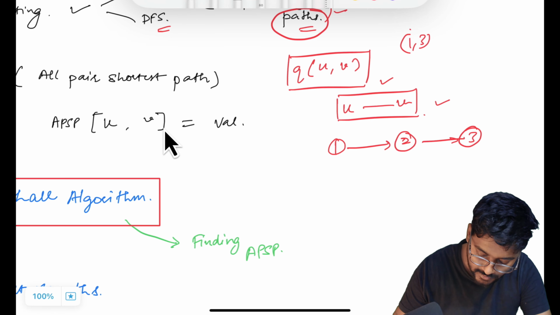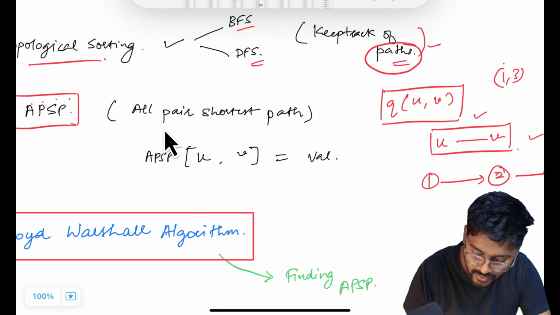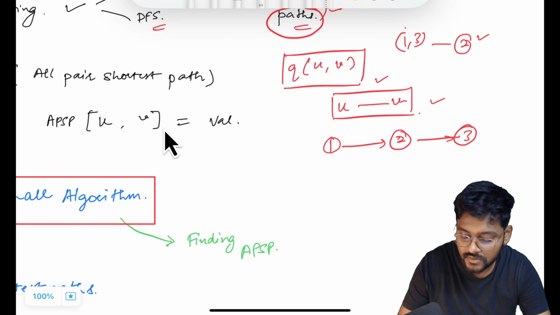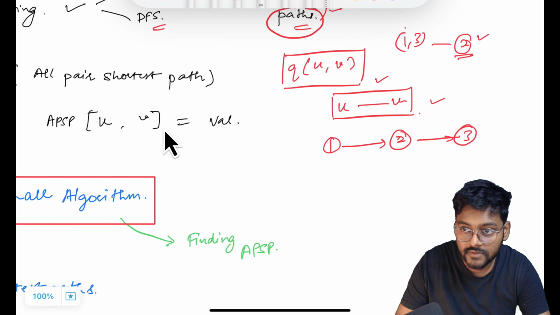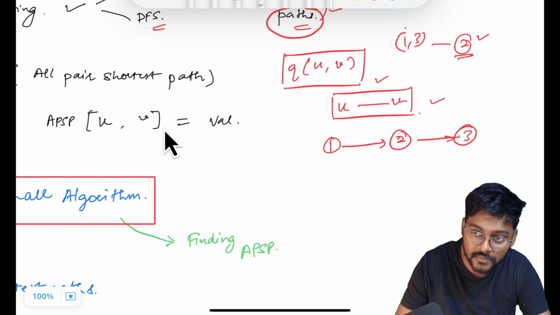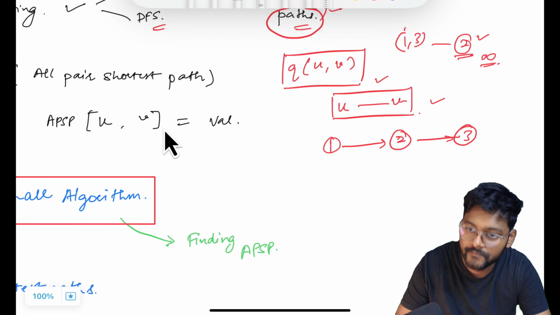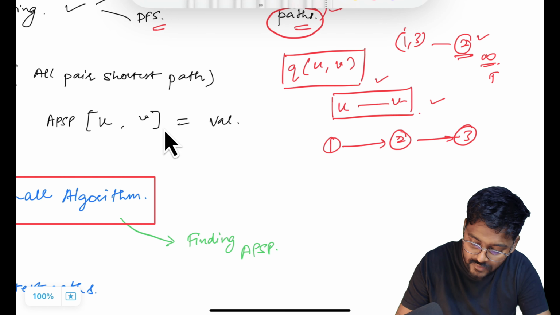It means if I have the all pair shortest path, from 1 to 3 the shortest path is of size 2. If the shortest path exists, we can say that there is a path. If there is a path, 1 is a prerequisite. If there is no path, let's say infinity is there. If no path, no prerequisite, the query result is false. Now the query result is true.